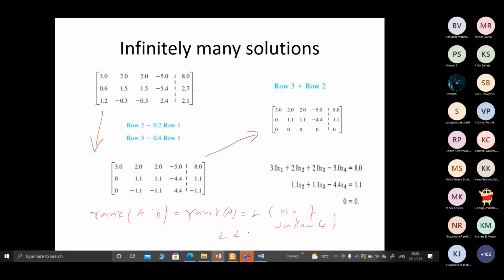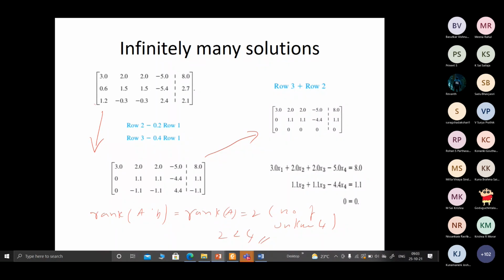So 2 is less than 4 here, so it has infinitely many solutions. If it were equal, then you would have a unique solution, but in this case you have infinitely many solutions.